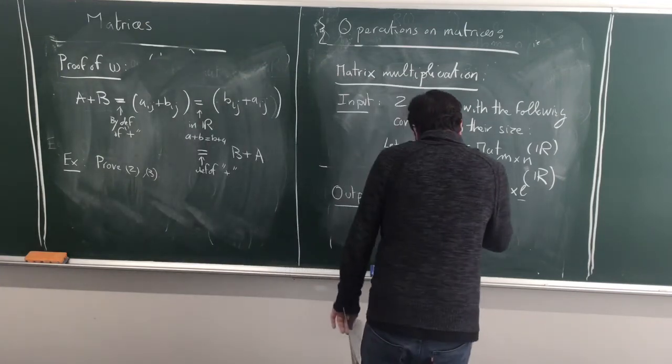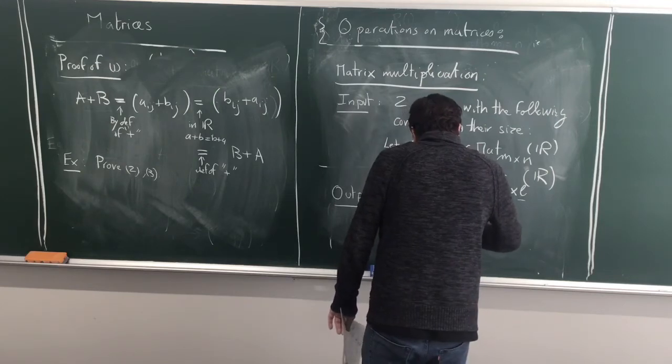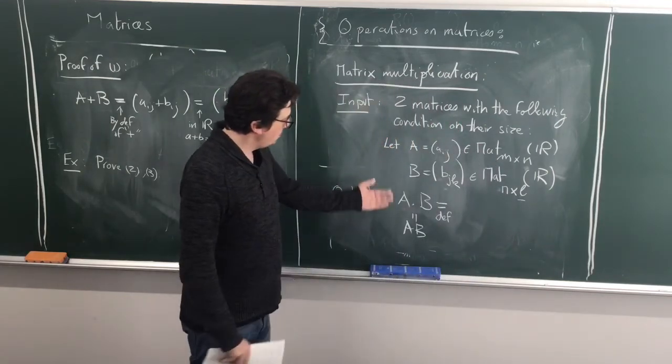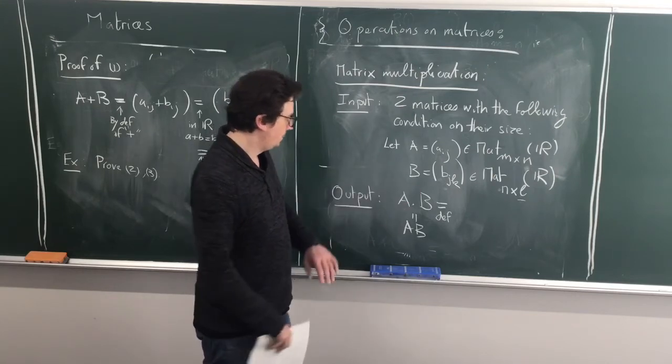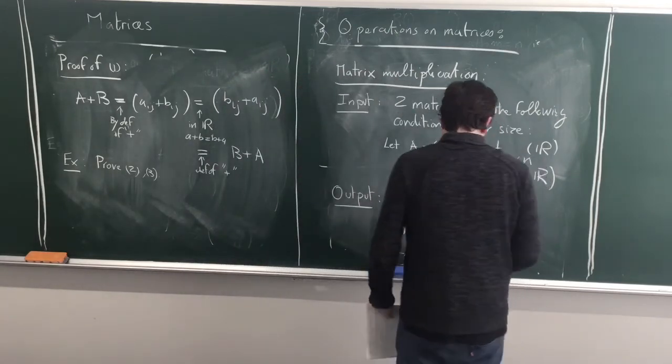Okay, so what is the definition of this new matrix, which is the multiplication of A by B? This will be a matrix with the following entries.